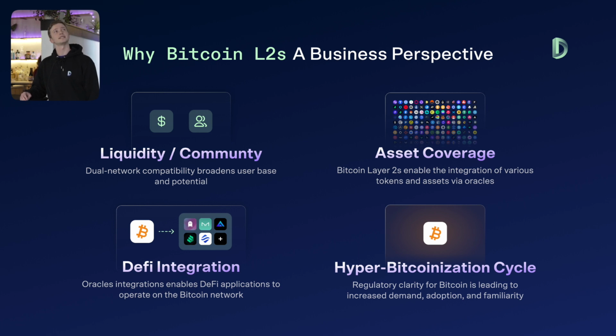The next thing is asset coverage. This is really exciting for us. From an oracle perspective, asset coverage is one of our greatest areas of focus. Bitcoin L2s, again EVM-compatible Bitcoin L2s, create this entirely new opportunity to support both BRC20 tokens and ERC20 tokens.